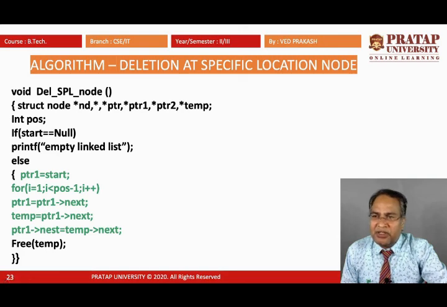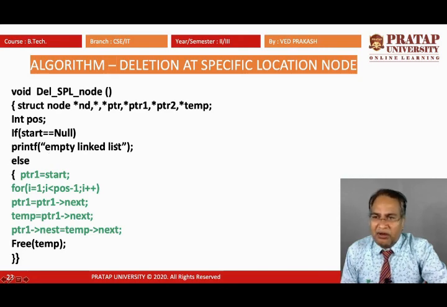This variable is used to denote the position from where we want to remove the node. First I have to check for empty. If our start equals null, then we can say that the linked list is empty and we have to return from here.